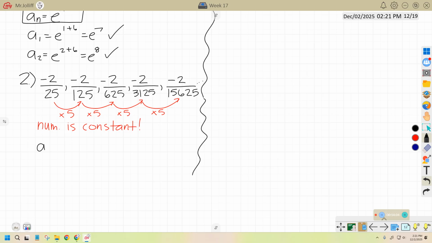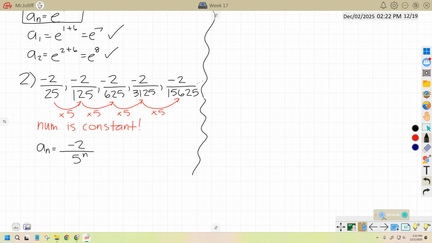So I suspect that my formula for an is always going to have a -2 in the numerator, because every term had a -2 in the numerator. I know that the denominator is a power of 5. And my default exponent is always n, and then I tweak it to fix it.